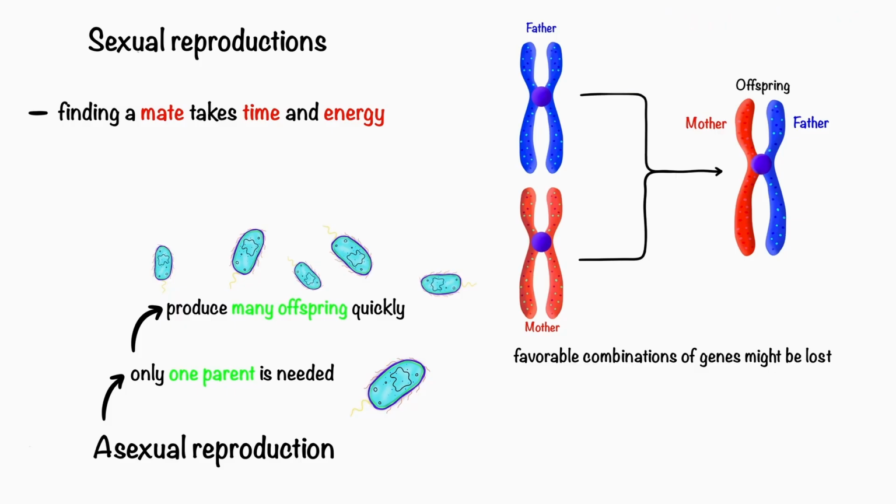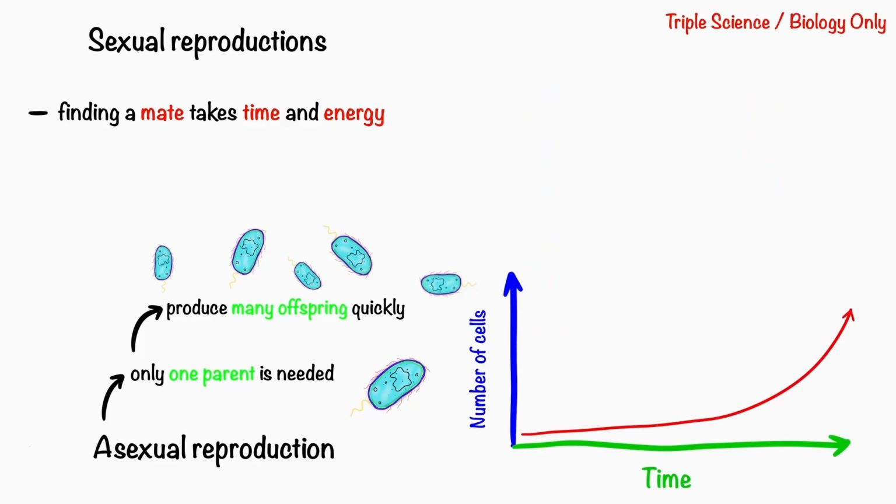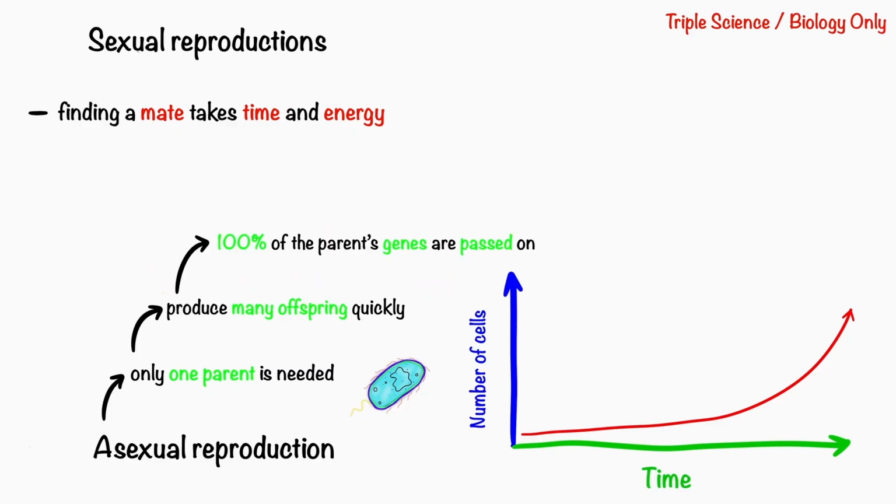The speed of asexual reproduction makes it particularly useful for colonizing new environments rapidly. When a single bacterial cell reaches a new location with plenty of nutrients, it can quickly multiply to form a large population. Another advantage is that 100% of the parent's genes are passed to the offspring.